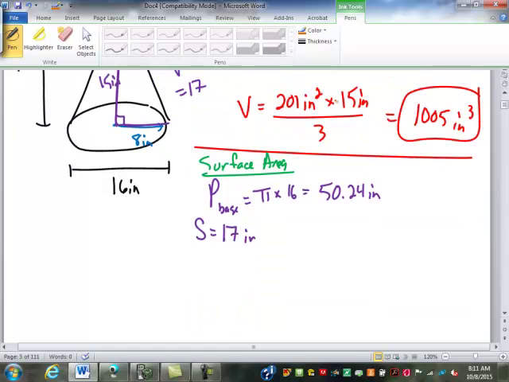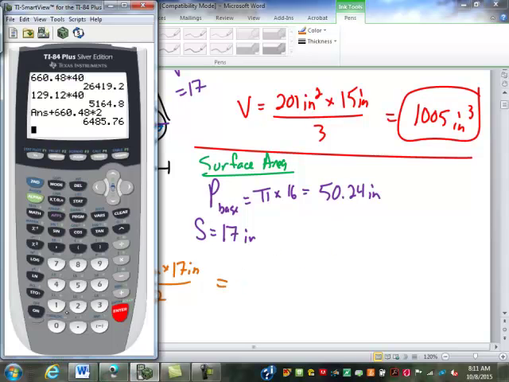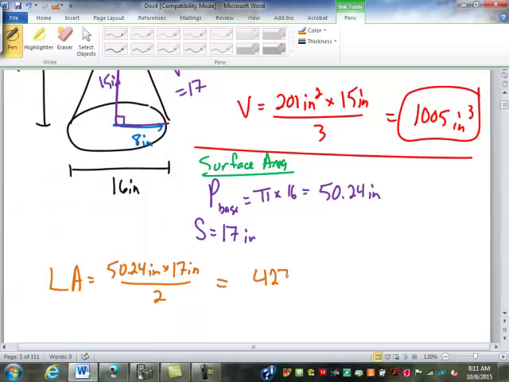So now the lateral area: 50.24 times 17 divided by 2, which is going to give us 427.04 square inches. Look good?